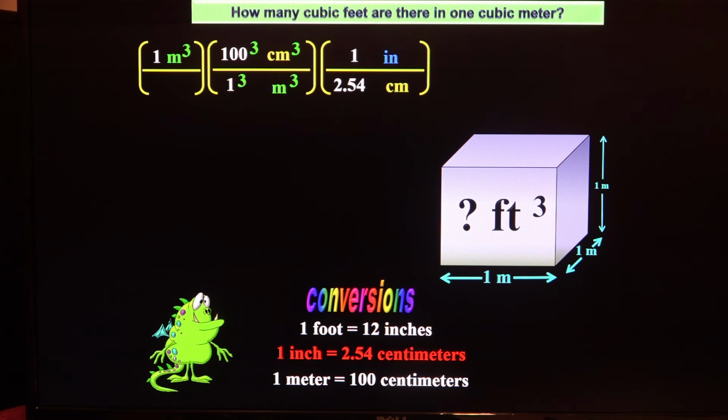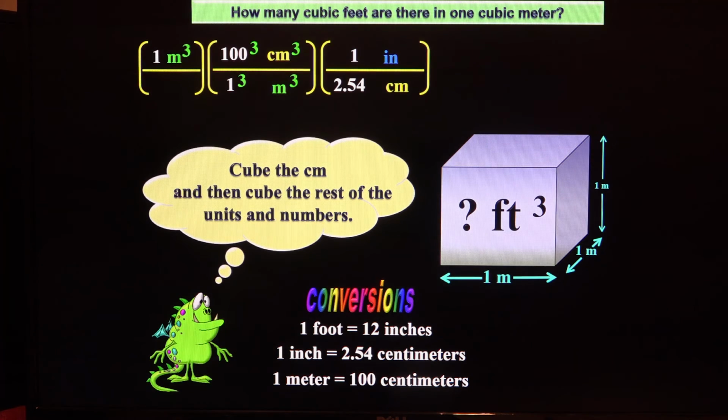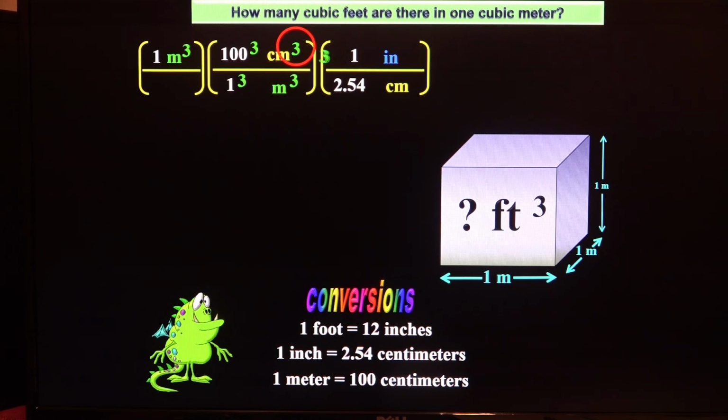Again, notice the space left for the exponents. Cube the centimeters in the bottom because centimeters are cubed on the top. And then cube everything else. So the same exponent for the inches, cubed, exponent for 1 cubed, and for 2.54.